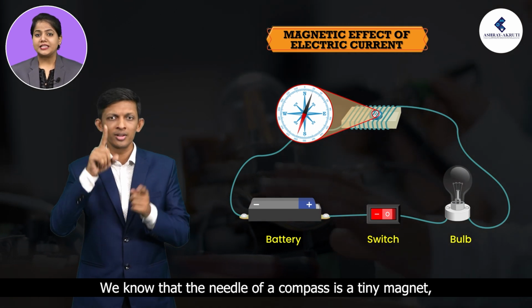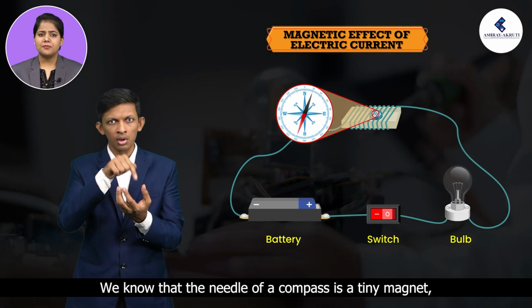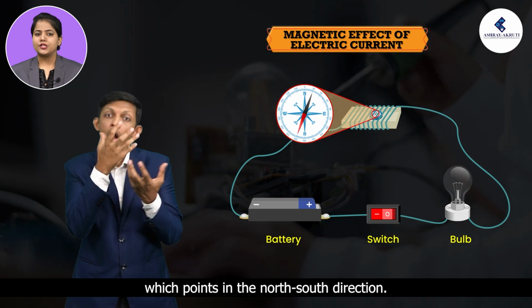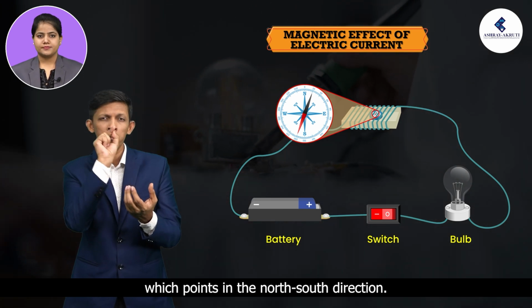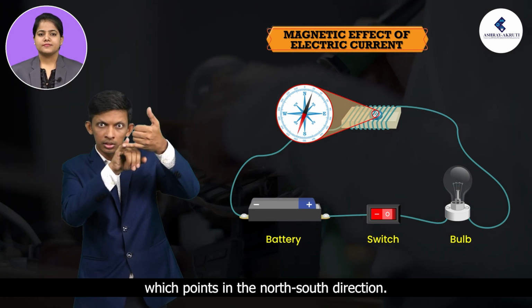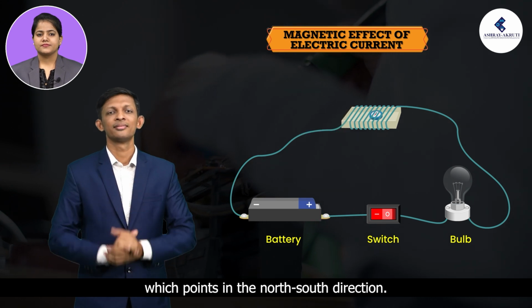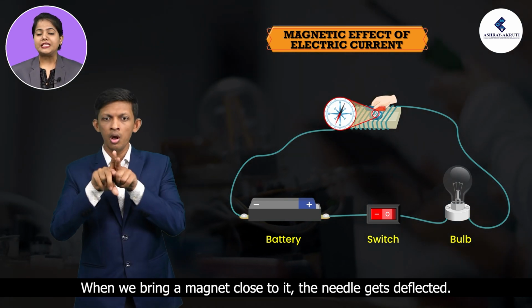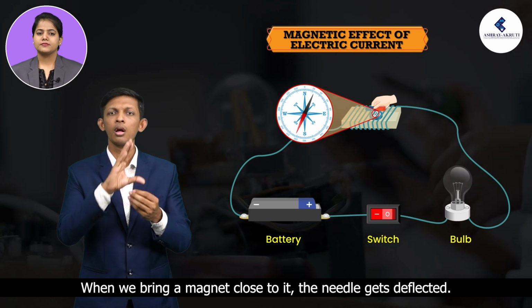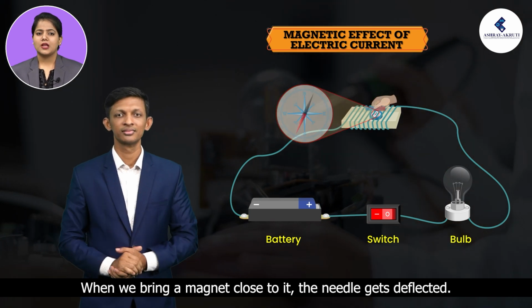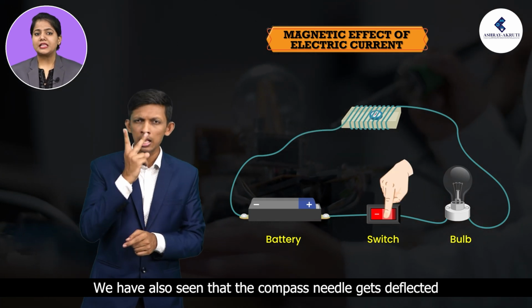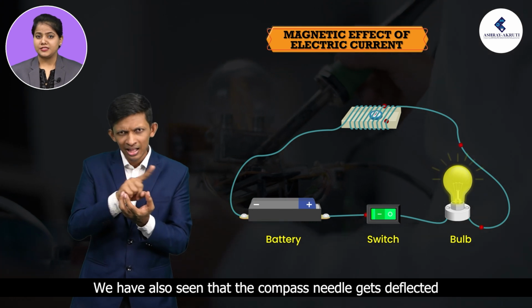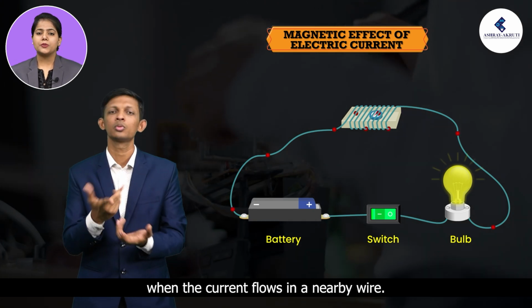We know that the needle of a compass is a tiny magnet which points in the north to south direction. When we bring a magnet close to it, the needle gets deflected. We have also seen that the compass needle gets deflected when the current flows in a nearby wire.